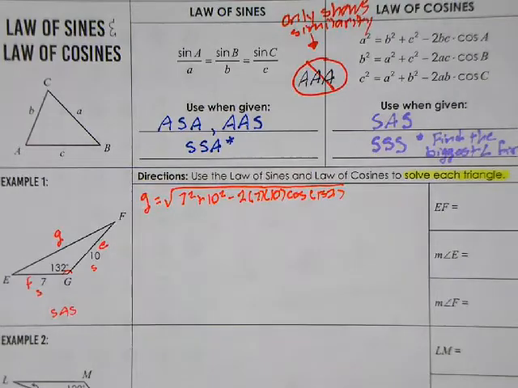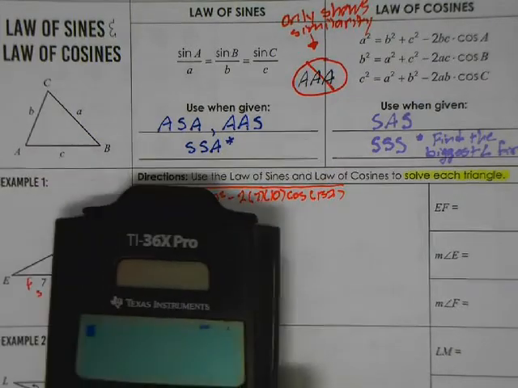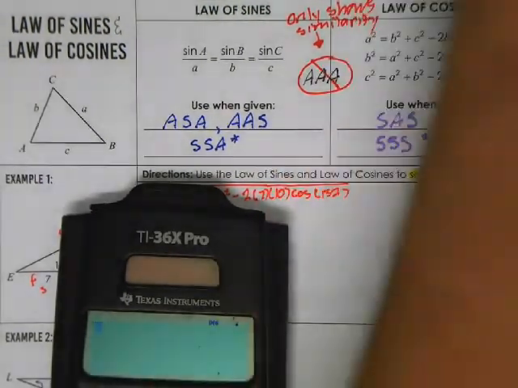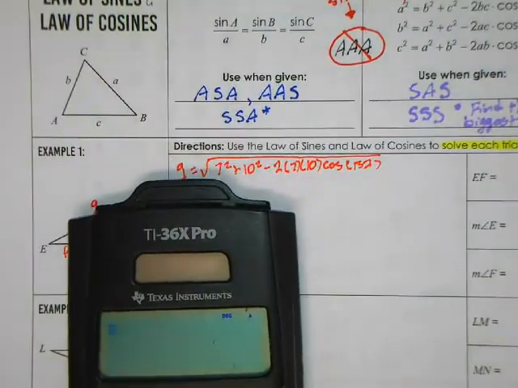And I'm going to just go to my calculator and let it do the heavy lifting here for me. And again, make sure that your calculator is in degree mode. When I type this on my calculator, let me turn my lamp on so it's a little easier to see the display.